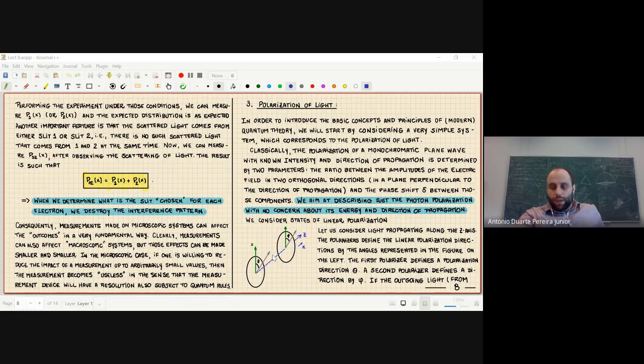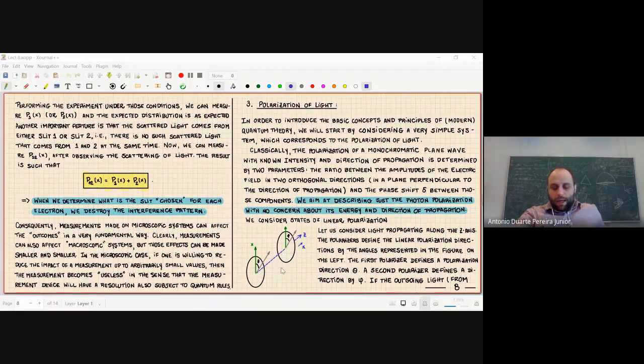If I have some light coming in with an intensity I naught, then I will have light coming out with some intensity I, which is different from I naught, because part of the light will be absorbed by the polarizer, while part of the light will just pass through this gray axis.